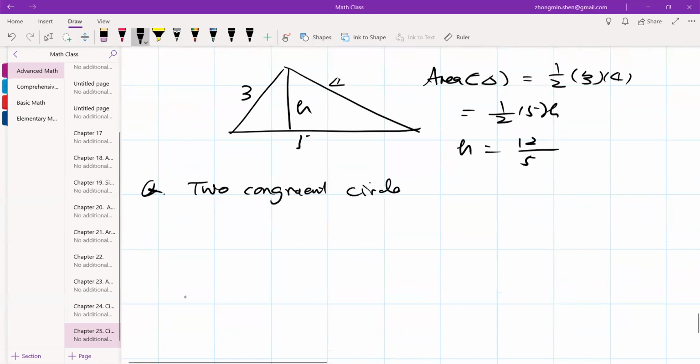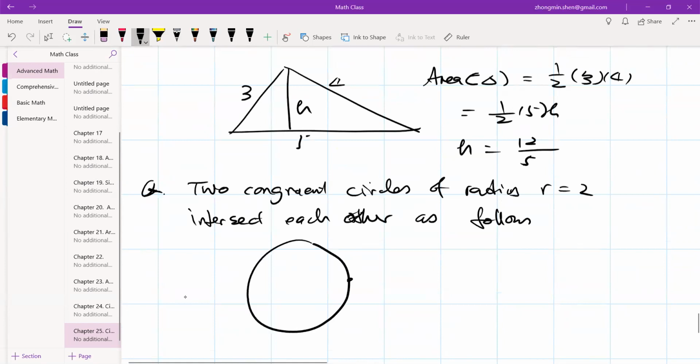Two congruent circles of radius equals 2 intersect each other in the following way.